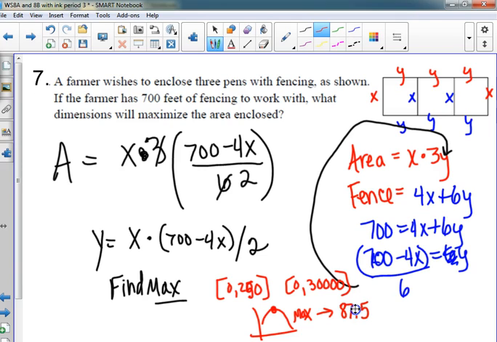Okay. So what are the two dimensions? Well, this dimension is 87.5. How do we find this dimension? Multiply it by 3. 87.5 times 3. Anybody helping me out?